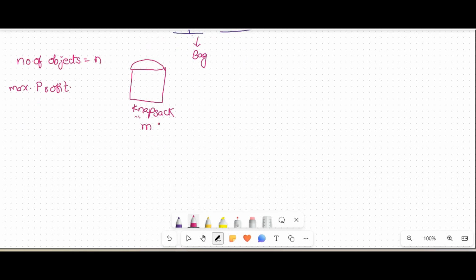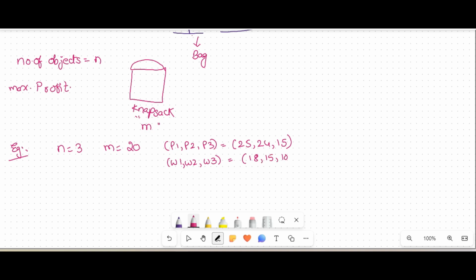For example, you have the number of objects equal to 3 and the maximum capacity of the knapsack is 20. The profits P1, P2, P3 are 25, 24, 15, and the weights of the objects W1, W2, W3 are 18, 15, 10.